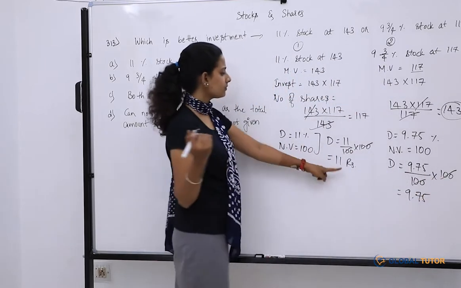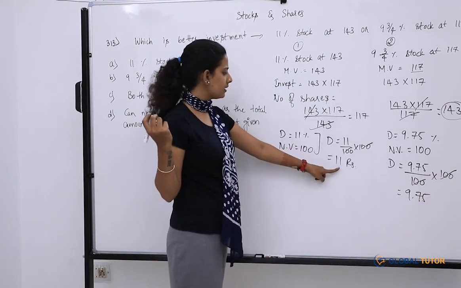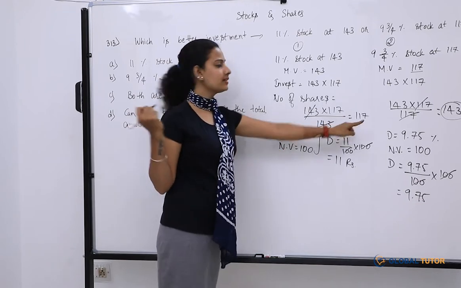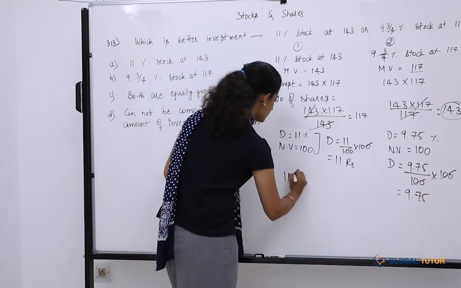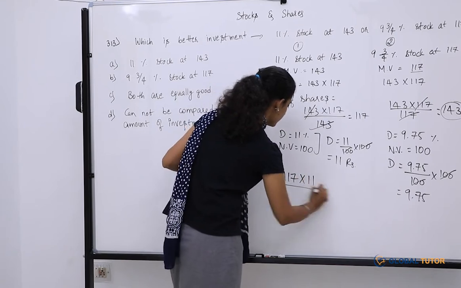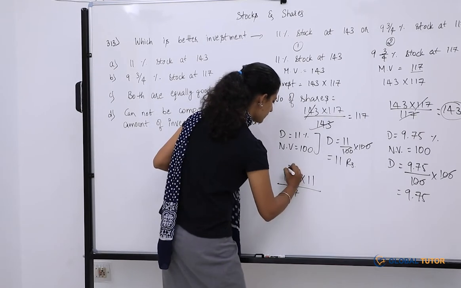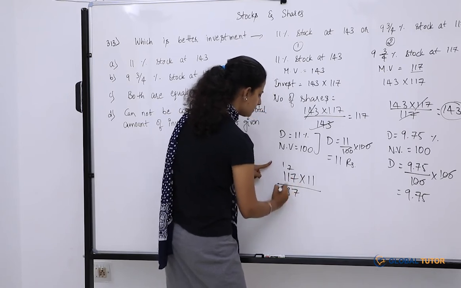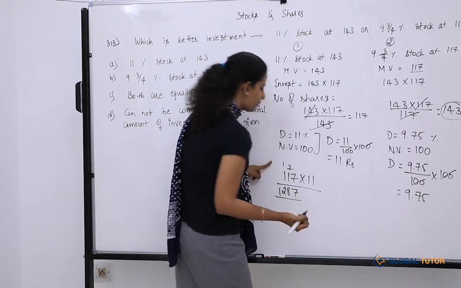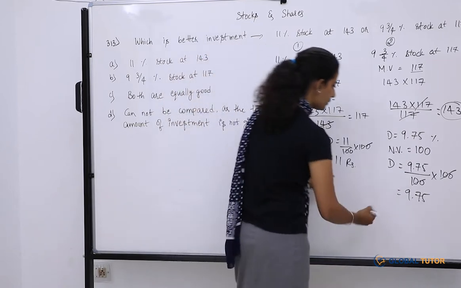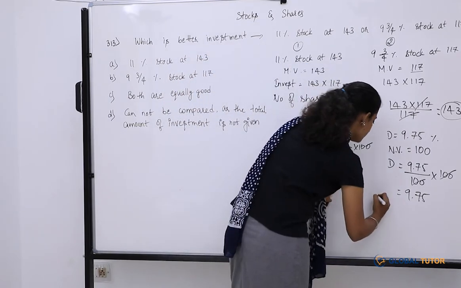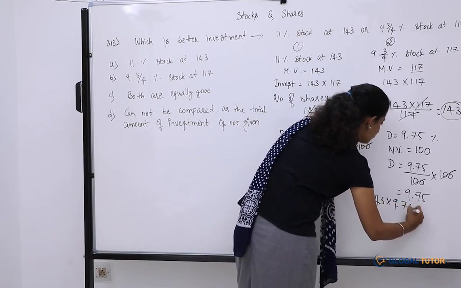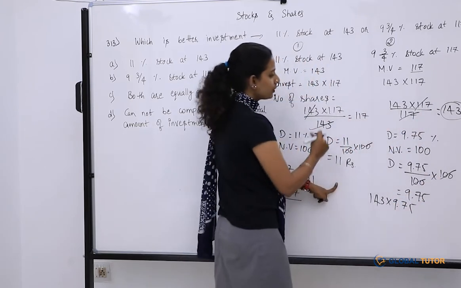Now, here we have the dividend, which is 11, and number of shares is 117. So, 117 into 11, 11 sevens 77, 11 ones 11, 11 plus 7 18, 11 ones 11 plus 1 is 12. So, this is 1287. So, here it is 143 into 9.75. 143 is the number of shares.